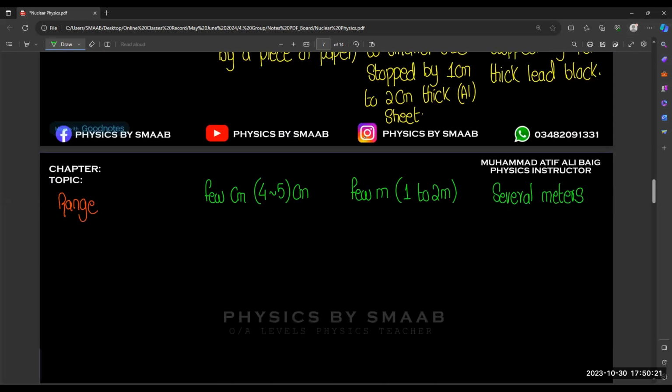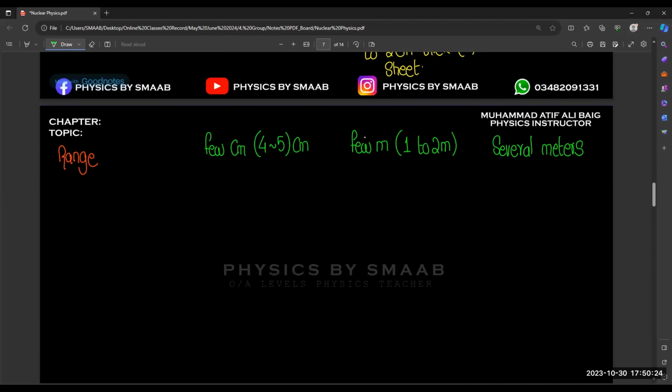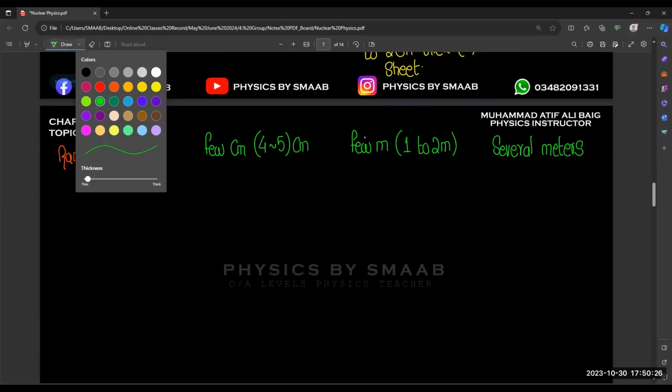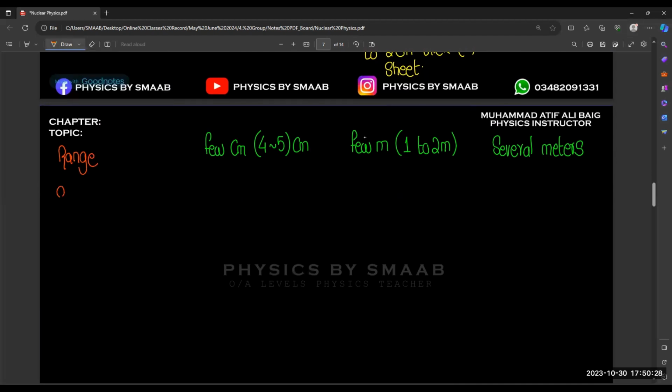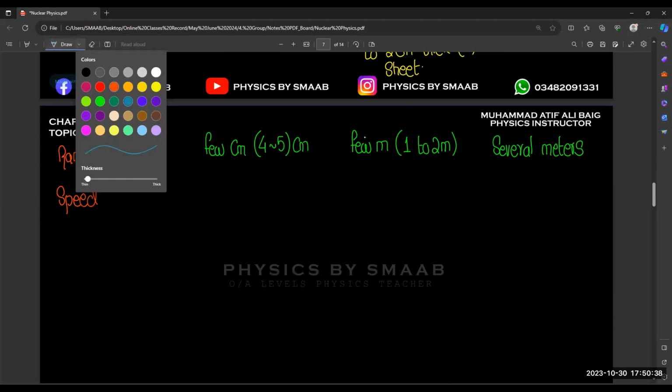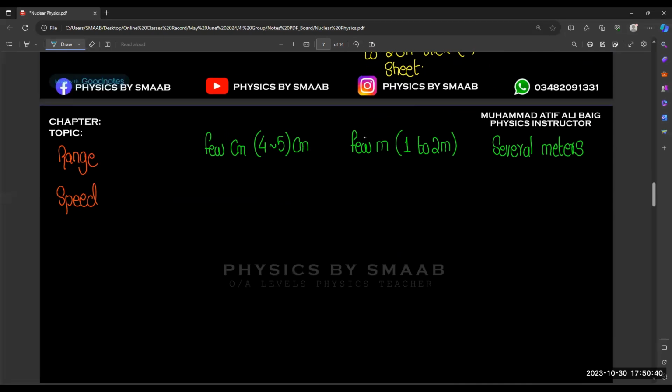No, sir. And further, if we compare their speeds, the speed of the alpha particles is close to a value like 10 to the power 6 meter per second.